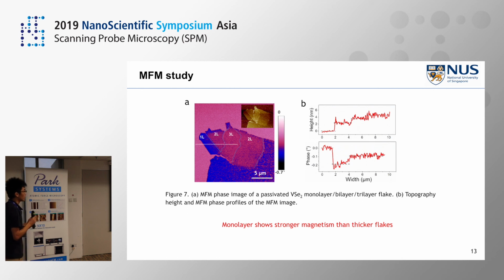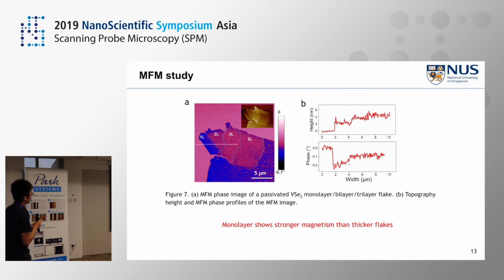Since our passivated flake is stable enough, we can use MFM to study its magnetic properties. You can see we choose a flake with monolayer, bilayer, and trilayer. Then here is the MFM phase image. You can see the color is quite different.